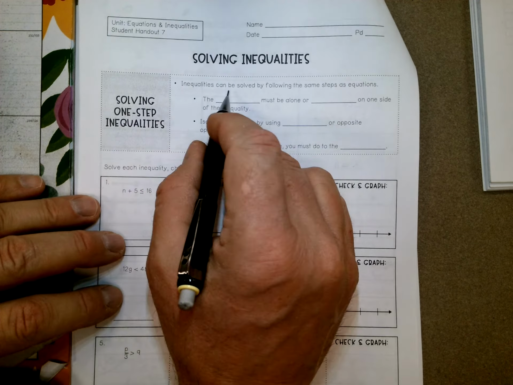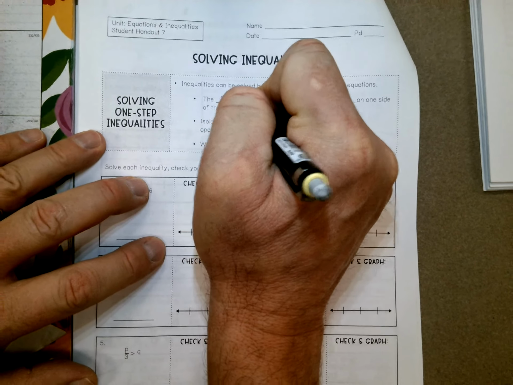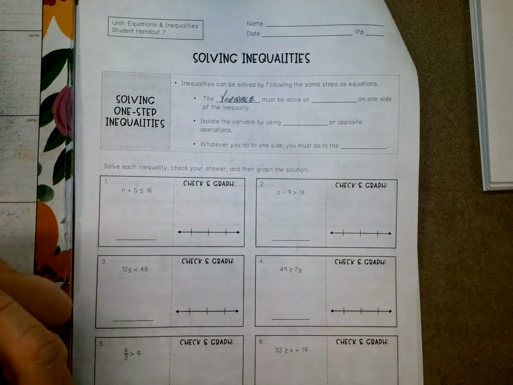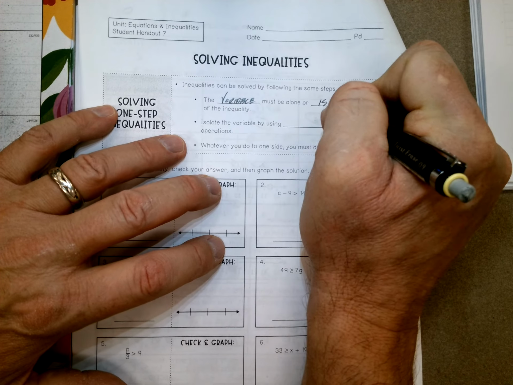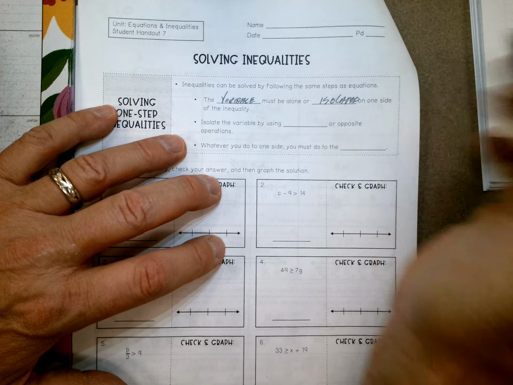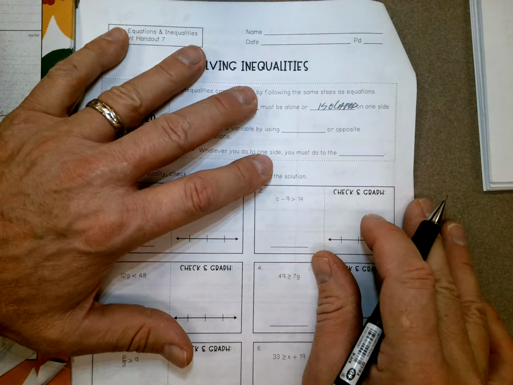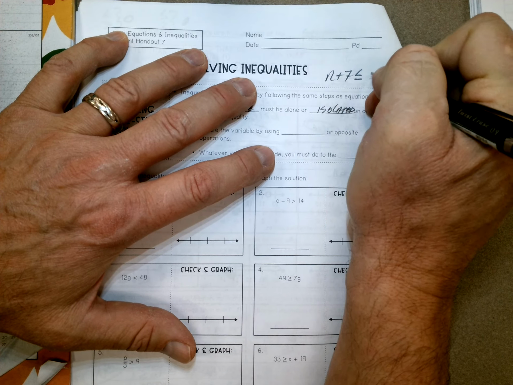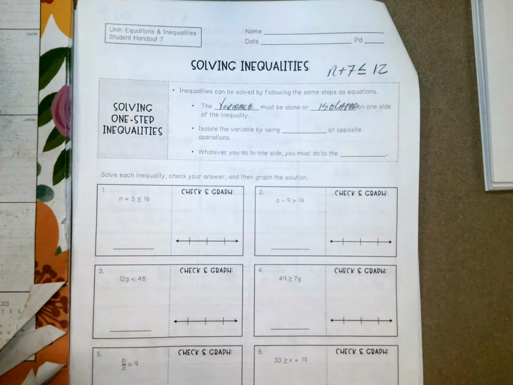Okay, so inequalities can be solved by following the same steps as equations, right? The variable must be alone, or isolated, on one side of the inequality. So if we have the inequality n plus 7 is less than or equal to 12, and we have to solve for n, we have to do the inverse operation, okay?